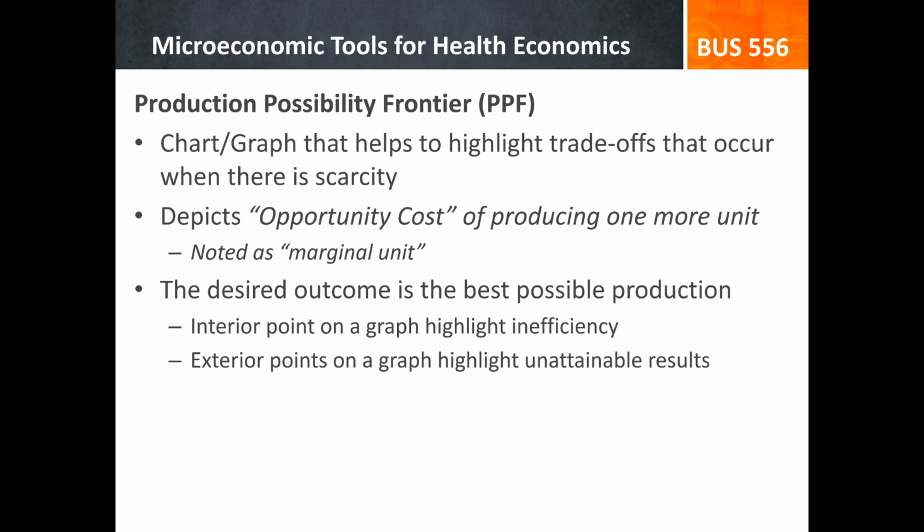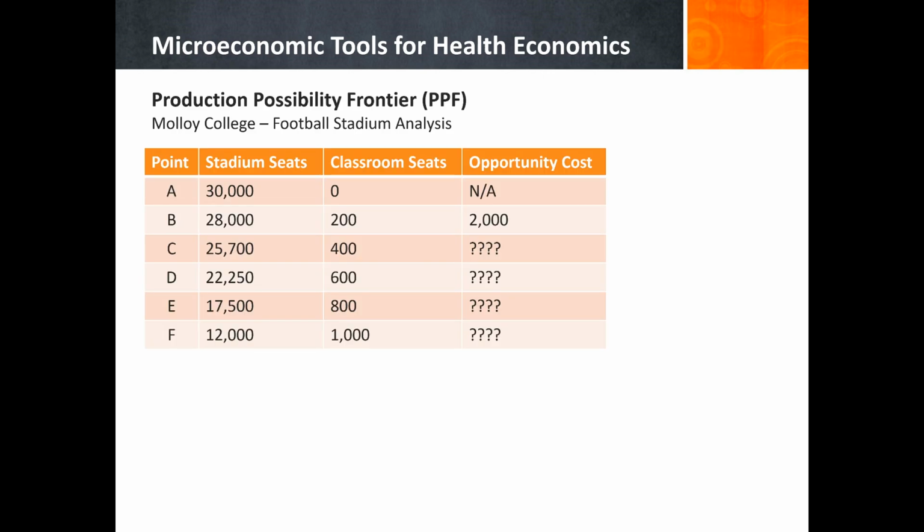And so what this chart is used to do is to depict how to have trade-offs between two different decisions that don't leave anything on the table and there's no waste. You want to maximize the decision. So what the heck am I talking about? I'll show you. Say Malloy College wants to build a football stadium and they have to choose between how many classrooms they could have versus how many seats would be in the football stadium.